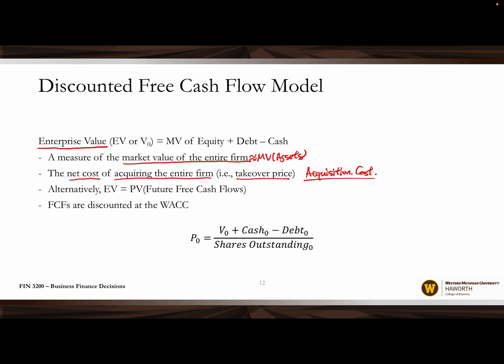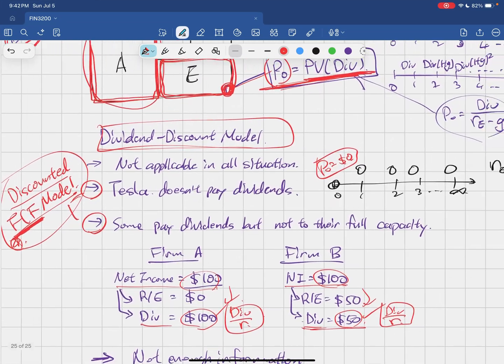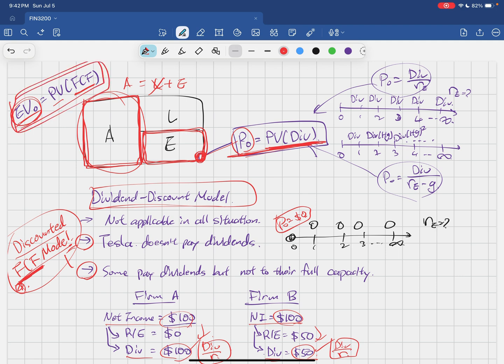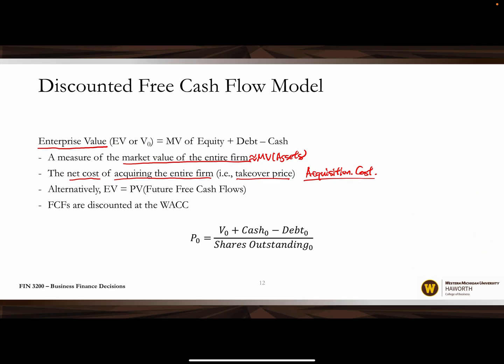The relationship that I showed you earlier over here was that market value of assets is basically the enterprise value, and it's the present value of all of the free cash flows, right? I'll define free cash flows right here.